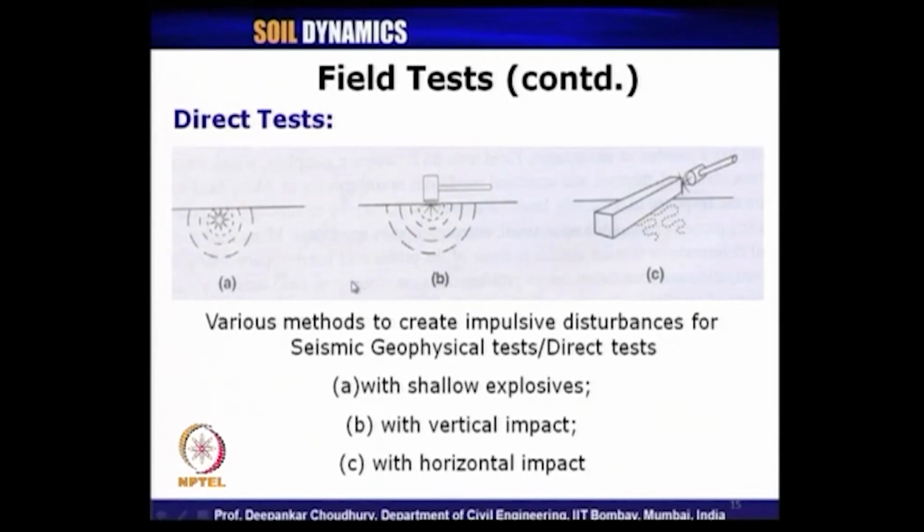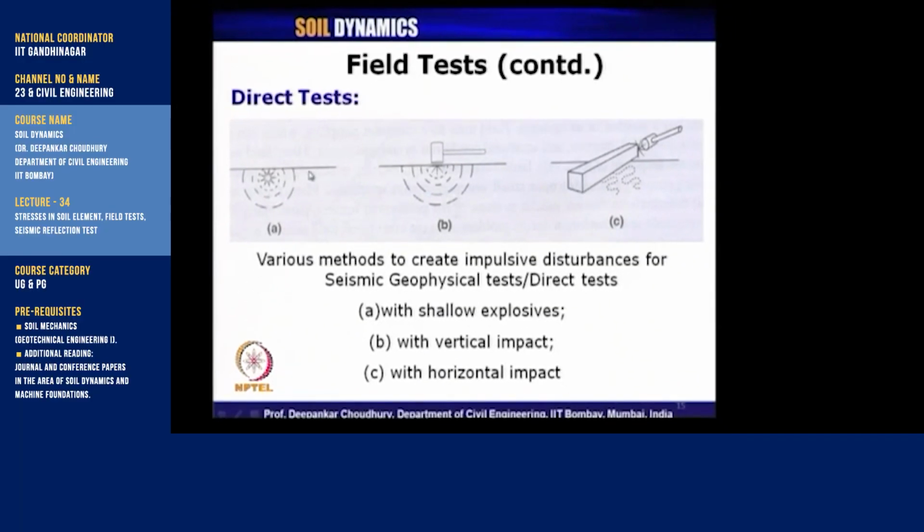These are shown in the picture here. The first one is by using shallow explosives. If we use some explosive at a very shallow depth below ground, then the waves get generated and we can record them using different direct test methods for the determination of dynamic soil properties.